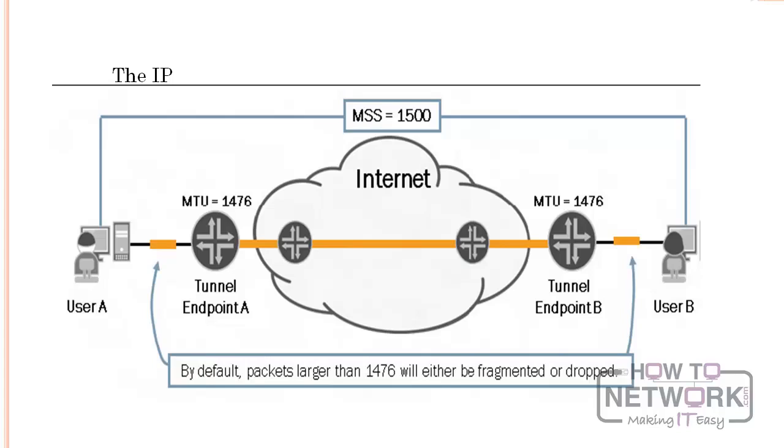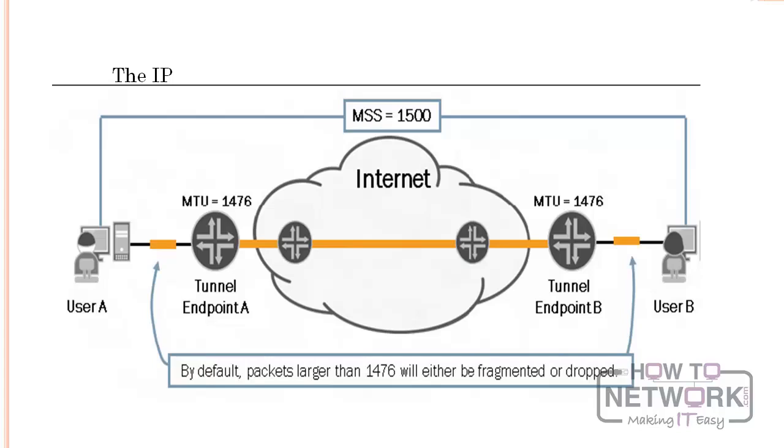When packets traverse a GRE tunnel, for example, the maximum packet size is reduced from 1500 to 1476 to account for the additional overhead of 24 bytes: 4 bytes for the GRE header plus 20 bytes for the IP header.